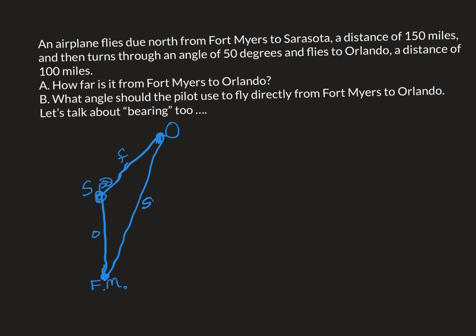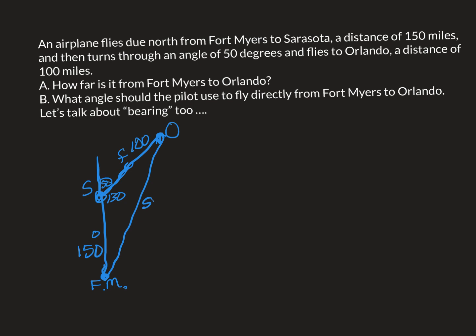Now, what we learned is Fort Myers to Sarasota is 150 miles. What we also learned is Sarasota to Orlando is 100 miles. And we know this angle here that we turned is 50, so the angle supplementary is 130. Okay?